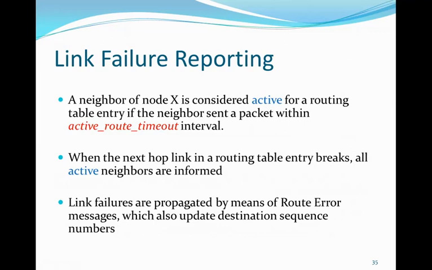So where the node or the link failure takes place, it is the responsibility of the node directly connected to the link which is no longer available to create this packet and share it with the neighborhood nodes, which also update the destination sequence number.